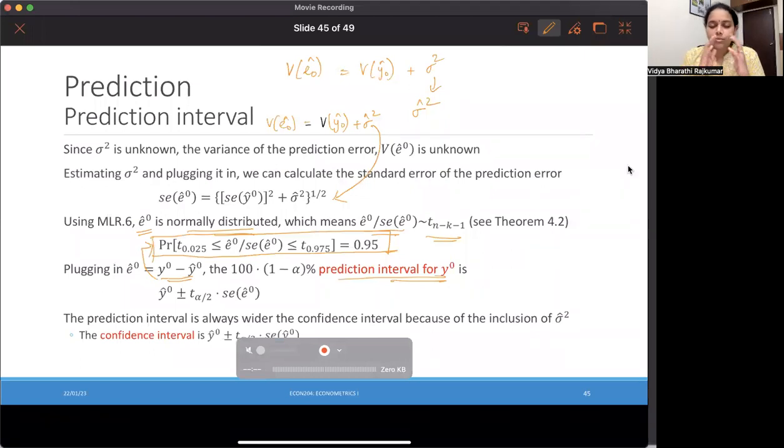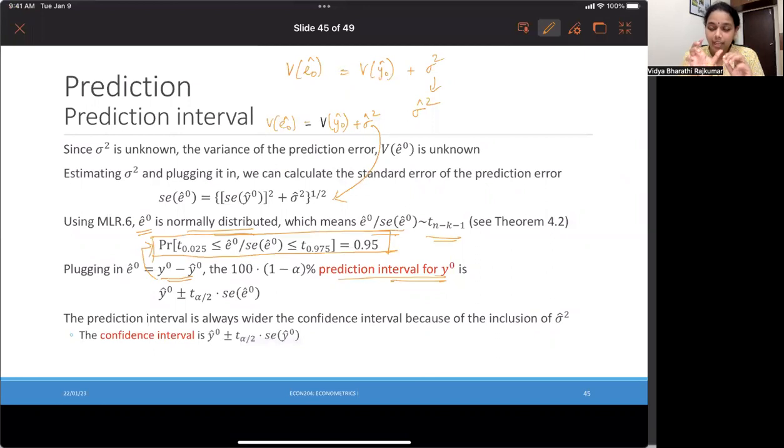So we can construct a confidence interval for E naught hat, and using the relationship between E naught hat and Y naught, which we care about, we can now construct a prediction interval for Y naught. That is given by this expression that you see here. Now remember, we're talking about finding an interval for a very particular Y value. So we have to also account for how the error term is varying there. And this interval, for the particular Y value, will actually be wider than the interval that we are coming up with for the average Y value.